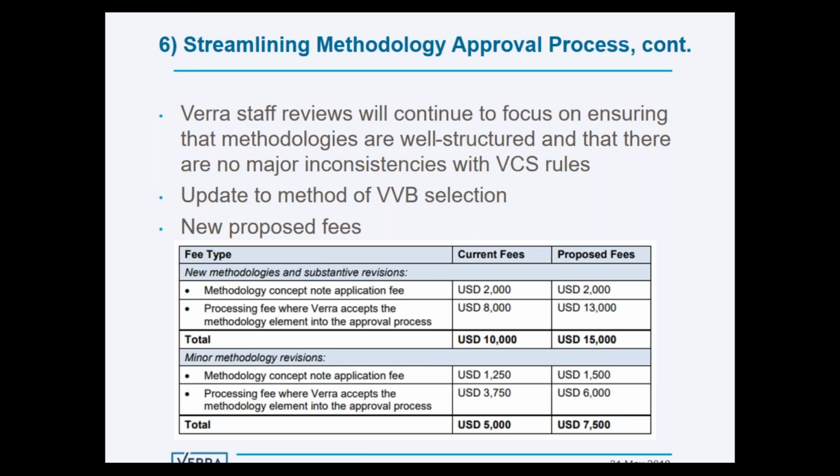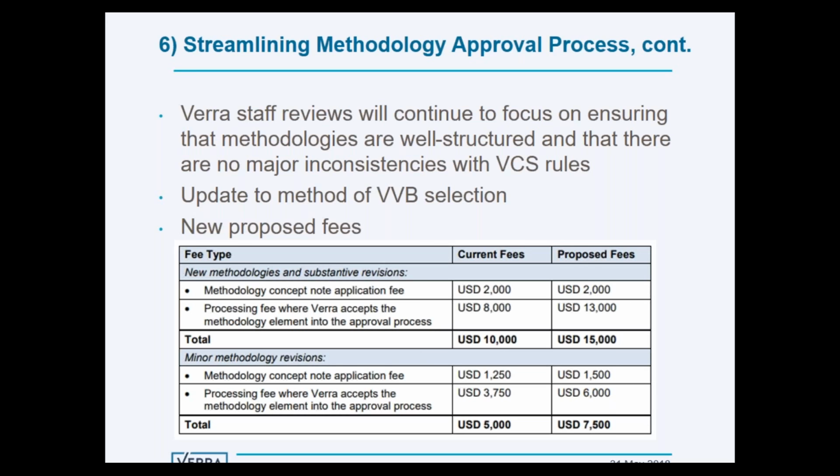The last point here is that we are proposing an increase to Verra fees, given this more involvement that we've had throughout recent years. What you'll see here is essentially for new methodologies and substantive revisions, the current fee overall is $10,000 and we're proposing to increase that to $15,000.